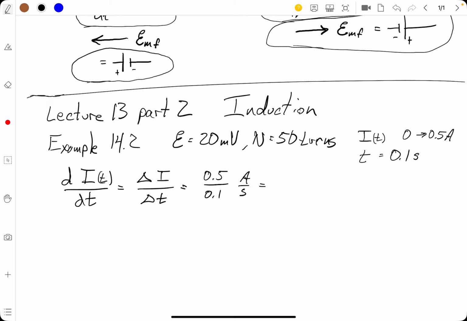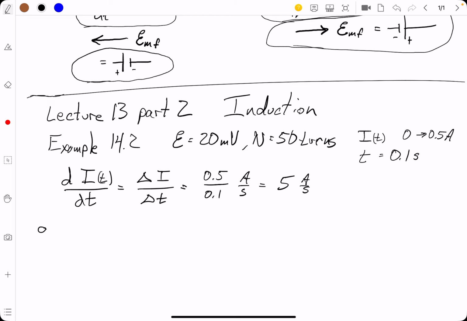And everybody knows that that ends up giving us a 5, right? So, cool. 5 amps per second is our dI/dt. All right, so what do we want to know?